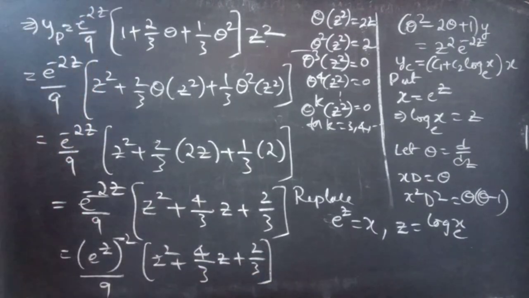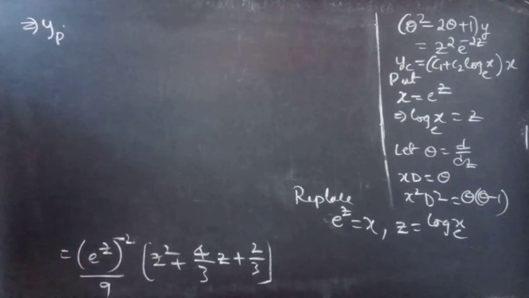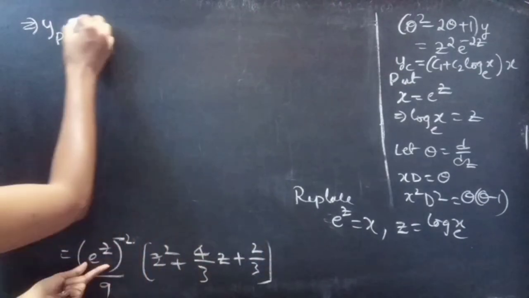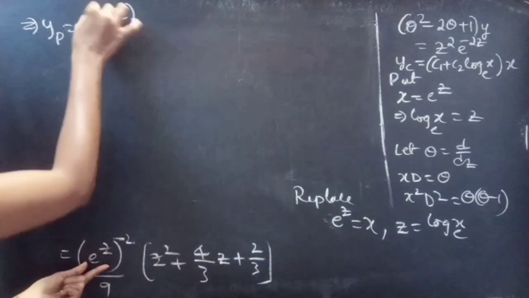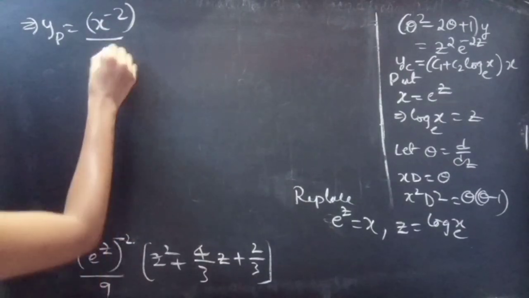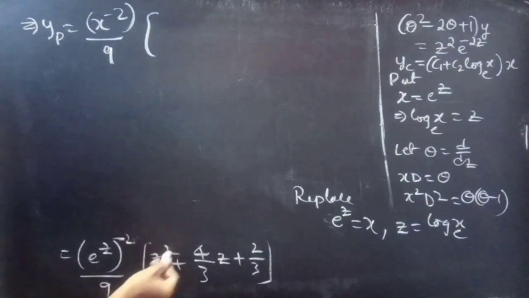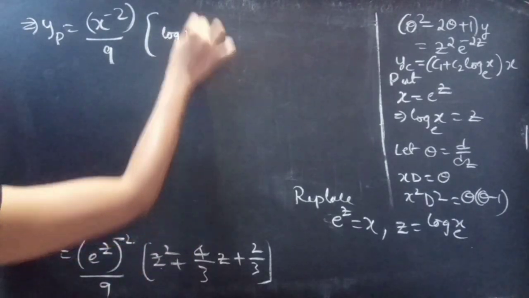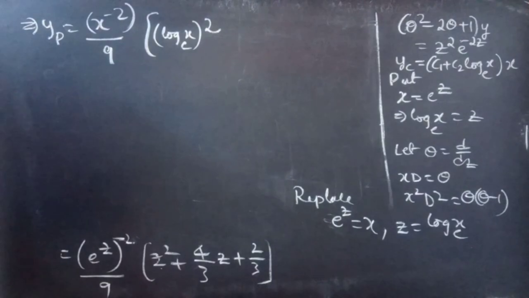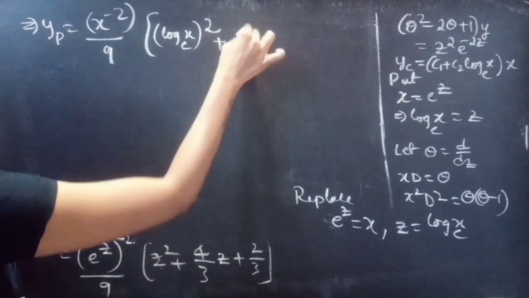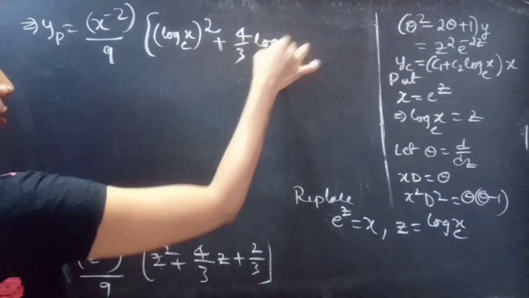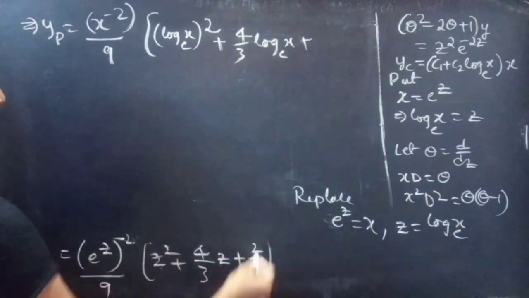Now it will be easy to replace. Then yp becomes, replace e power z by x, we get x power minus 2 by 9 into, replacing z by log x to the base e, log x to the base e whole square plus 4 by 3 into log x to the base e plus 2 by 3.